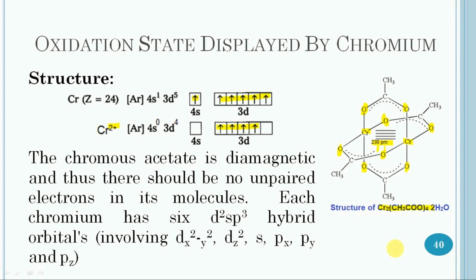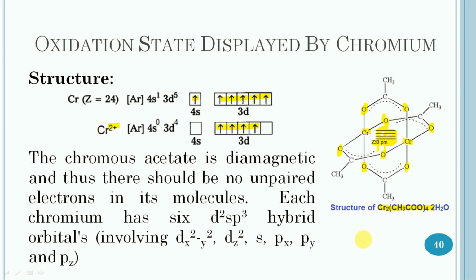In this binuclear chromium 2 acetate complex, the 2 chromium atoms are linked through a quadruple bond. So this is the quadruple bond, and it has 8 electrons, 4 electrons from each of the 2 chromium atoms that take part in the bonding. A quadruple bond is made up of a sigma bond, 2 pi bonds and a delta bond.